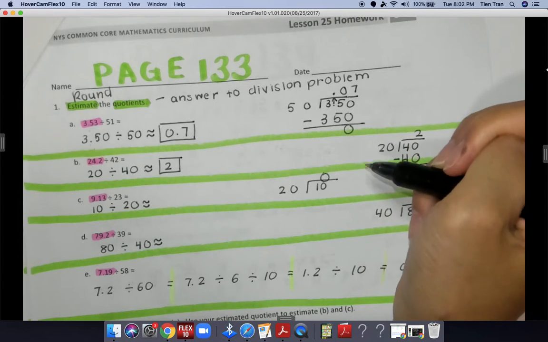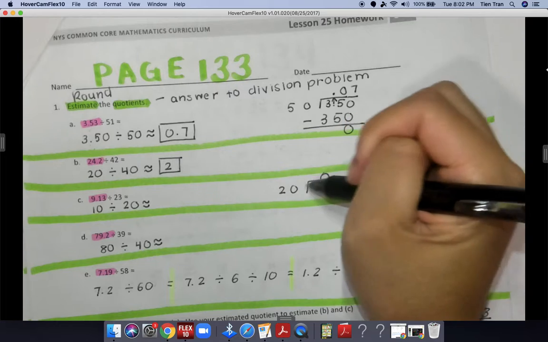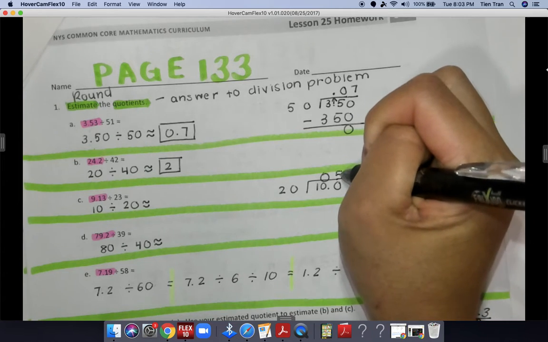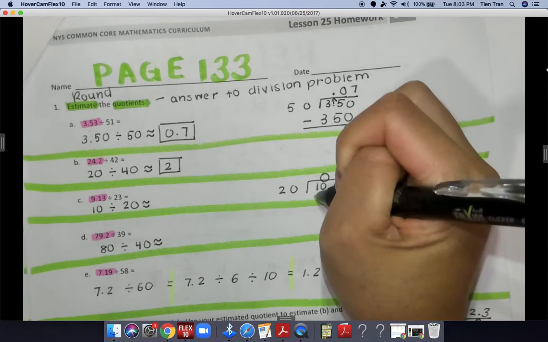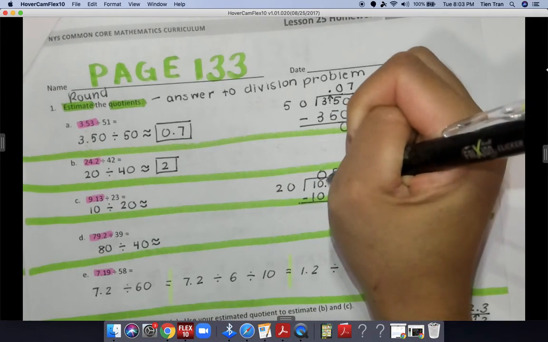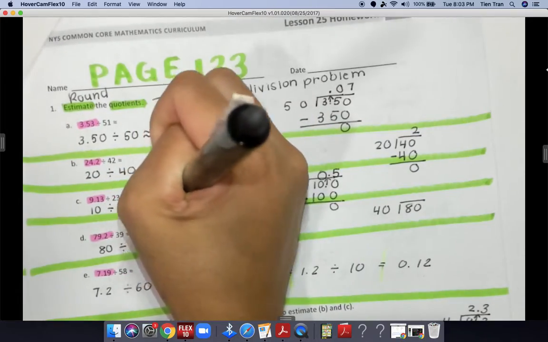No, 0 times. So now I'm going to add a decimal and a 0 to continue. Can 20 go into 100? Yes. How many times can 20 go into 100? 5 times, because 2 times 5 is equal to 10. Add my other 0 and I get 100. Don't forget to bring up your decimal, and my final answer is 5 tenths.